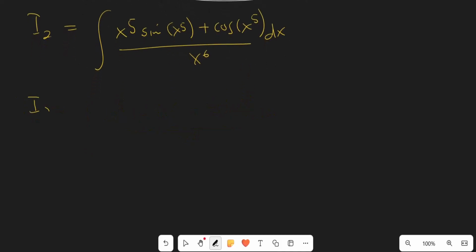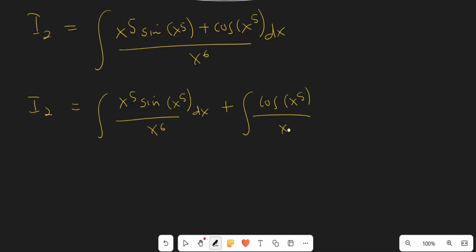So our integral I2, I can split this into two integrals. So that first one becomes the integral of x^5 sine of x^5 divided by x^6 dx plus the integral of cosine of x^5 divided by x^6 dx.